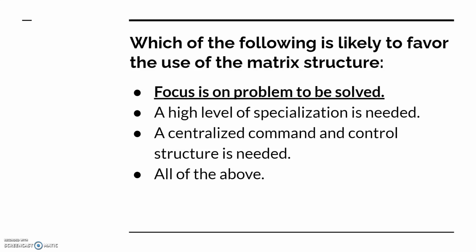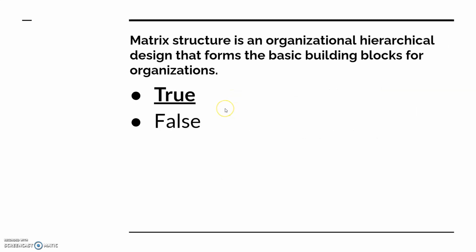And that's not the right situation to have. So the matrix structure isn't always all that great, but it really can help to get a rapid response to something, because the people that are expert in it are the ones that are going to be coming to your aid, hopefully. So that focus on a problem to be solved is the correct answer there.